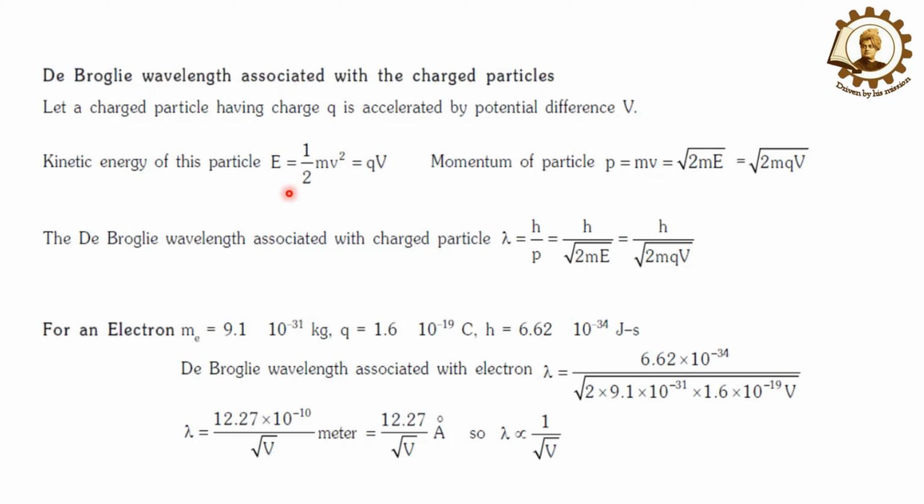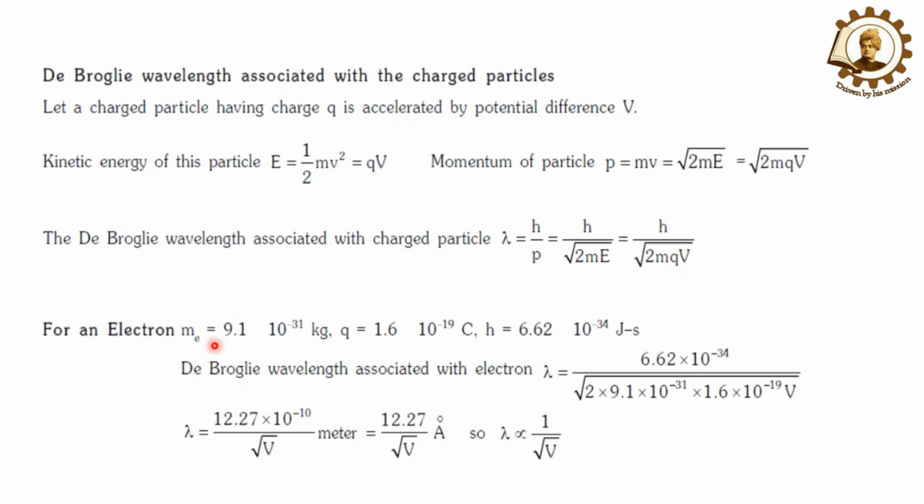Then we can write that the kinetic energy is equal to half mv square, which is also equal to qV, because this is the amount of energy given by the potential, and the particle will undergo a kinetic energy of half mv square. So if you substitute in lambda is equal to h by p, expressing the momentum in terms of kinetic energy, finally we can express it in terms of potential difference.